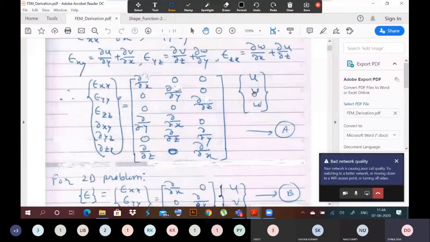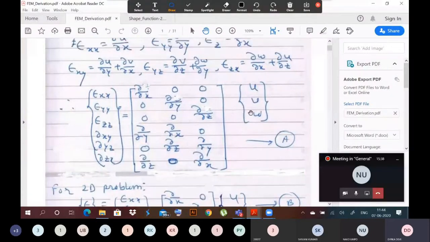Again, this displacement u, v, w, they can be related to the nodal displacement for that particular element that we have already discussed. They can be related to the nodal displacement of an element using shape functions. So u, v, w will be a function of the nodal displacement of a particular element through the shape functions.